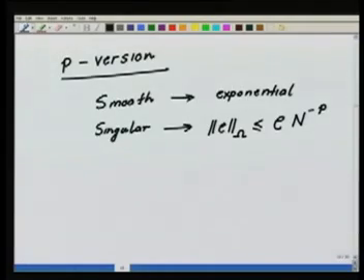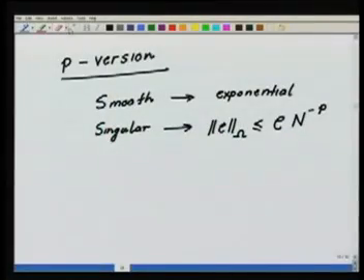not minus p, it is minus alpha by 2. Okay, so the error again goes essentially, if I have the equivalence with the h version, as h to the power of alpha.